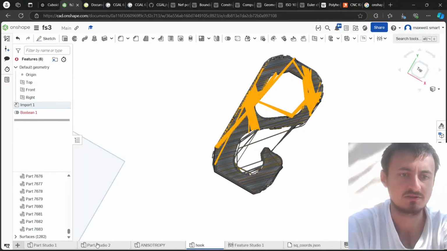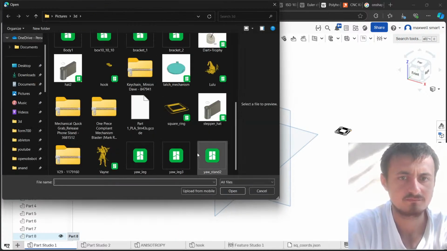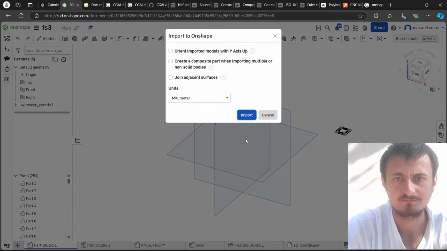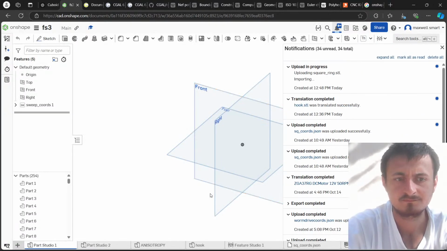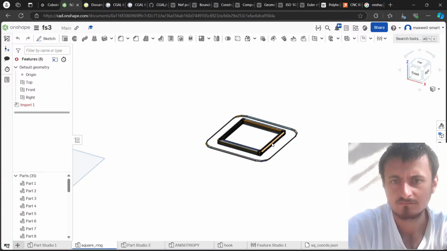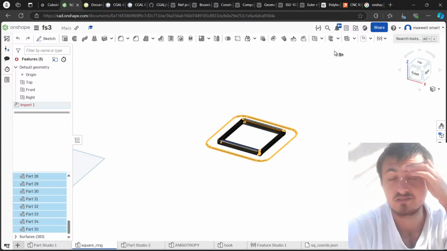All right, let's load it in Onshape. There's 35 parts? That's interesting.